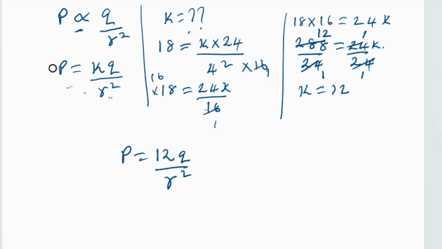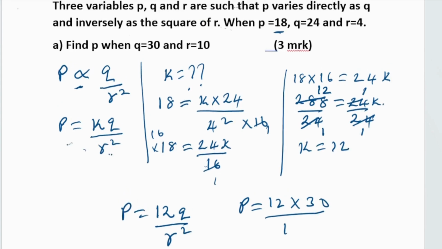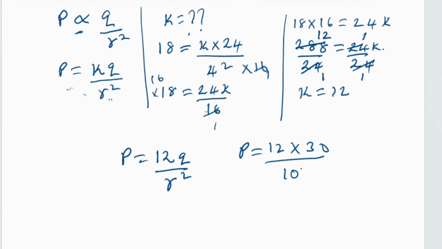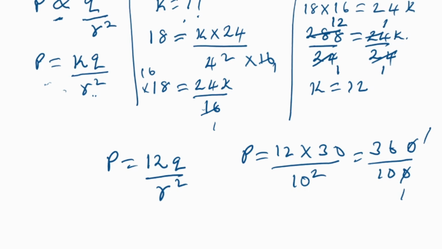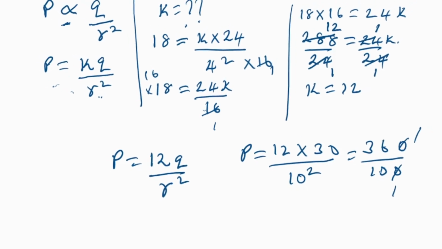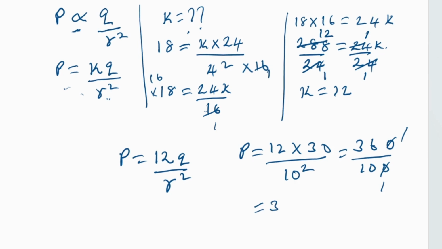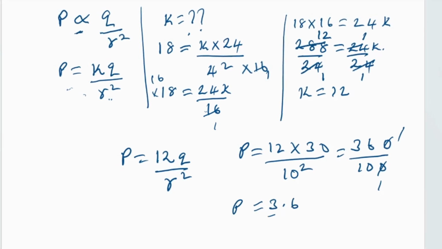And therefore we can say p is equal to 12 times q, which is 30, over r, which is 10, so 10 squared. And therefore this one will be 360 over 100. If you divide 360 by 100, the zero and zero cancel out, and 36 divided by 10 will be equal to 3.6. So this is the value of p.